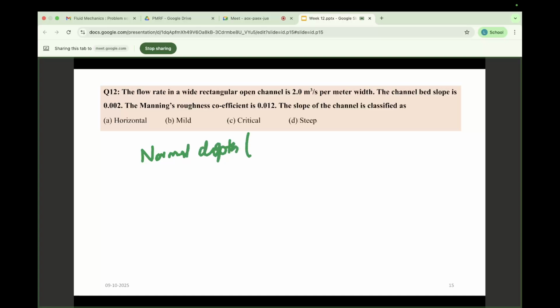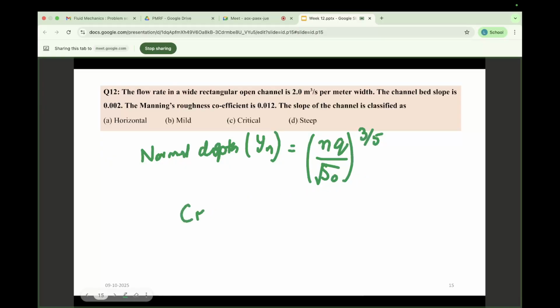If I represent the normal depth as yn, it is (nq divided by root S0) to the power 3 by 5. Okay.